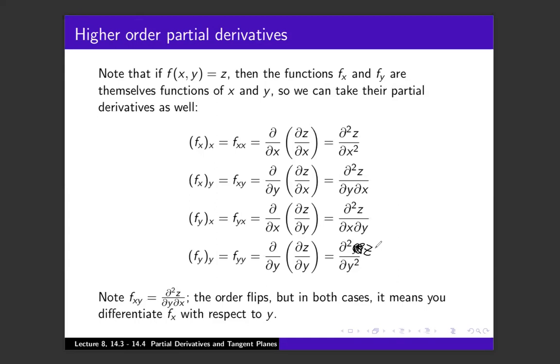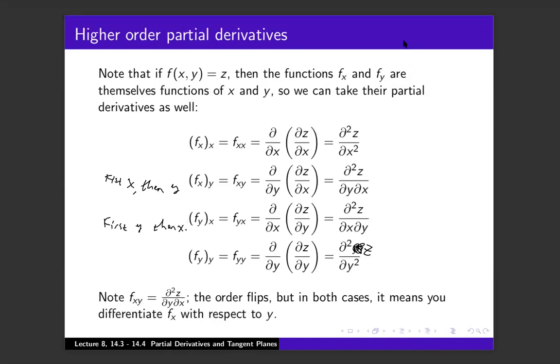Now the important thing is, in this case, you differentiate first with respect to x, and then with respect to y, but on the other side you differentiate first with respect to y, and then with respect to x. So in this case, the order flips.